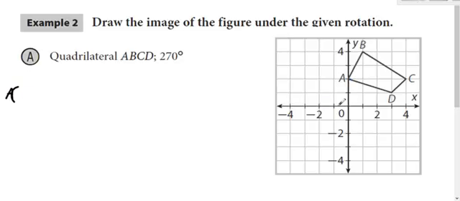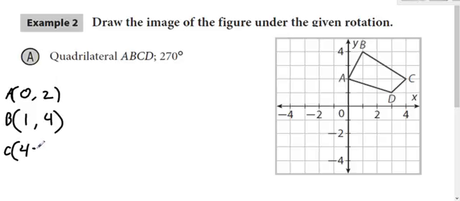So A is at 0, 2. B is 1, 4. C is 4, 2. And D is 3, 1.